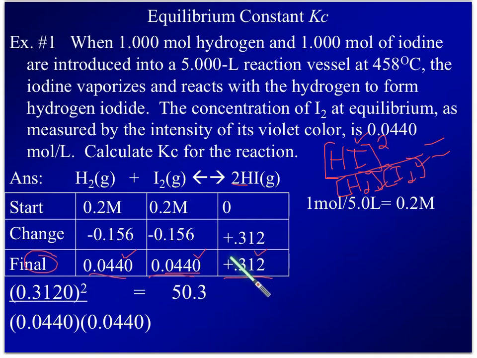The concentration of HI is 0.312, so I plugged it in there, and then I'm going to square it, and then the product of 0.044 and 0.044, where this is H2 right here, and this is I2. So you've got to square that first, then divide it by the product of those two. That gives you 50.3. And that's how you find the Kc, which is the equilibrium constant.